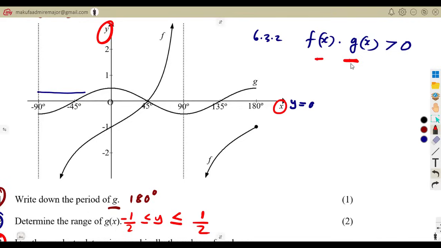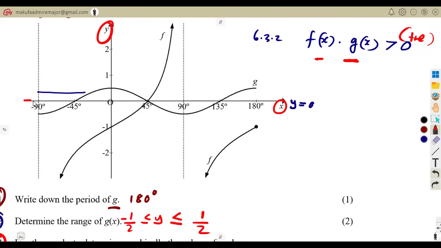Remember, negative times negative gives you a positive. Greater than 0 means bigger than 0. So to have a positive, either the two functions are in the negative region.